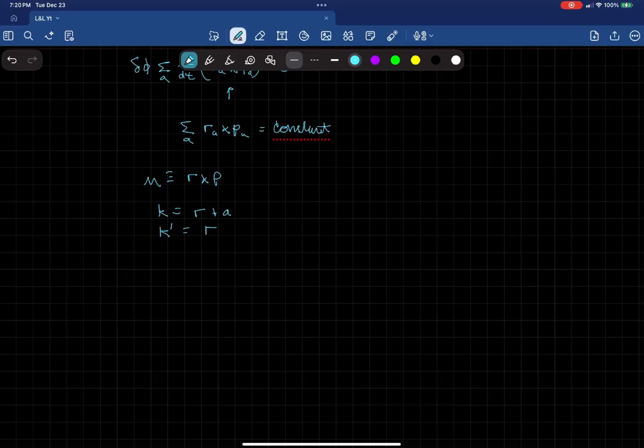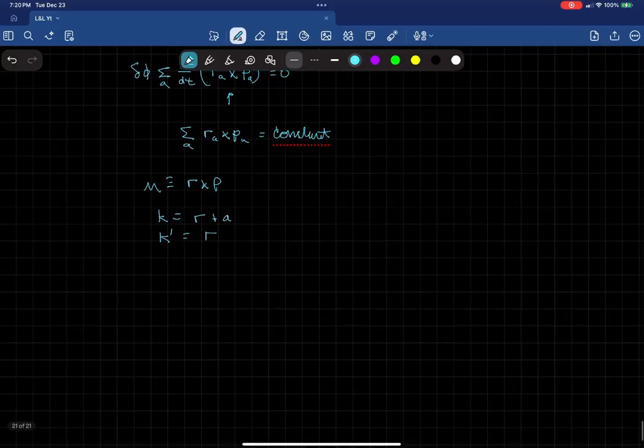So applying this to the previous formula, I would have that angular momentum is equal to the sum over a of r cross p, which upon expansion in the two frames would give me the sum over a of r prime_a cross p_a plus a cross the sum over a of p_a.